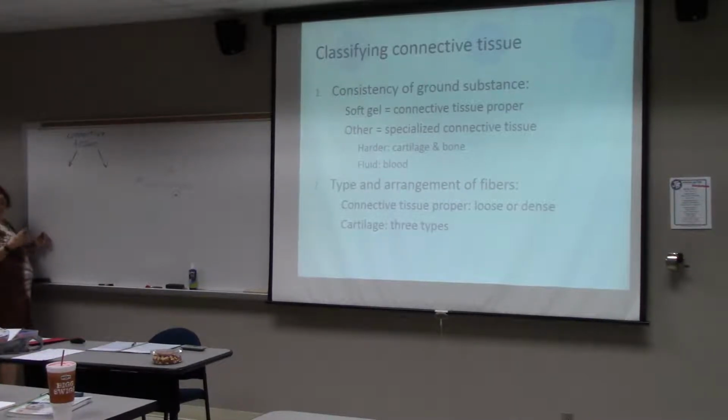So first thing we look at is the ground substance. The category called connective tissue proper has a soft gel as its ground substance.